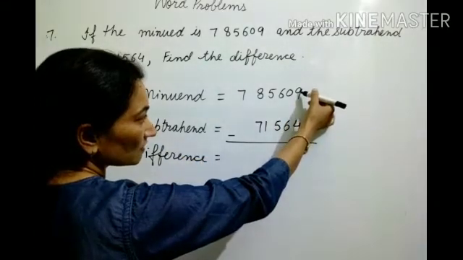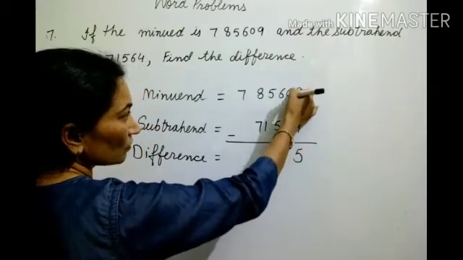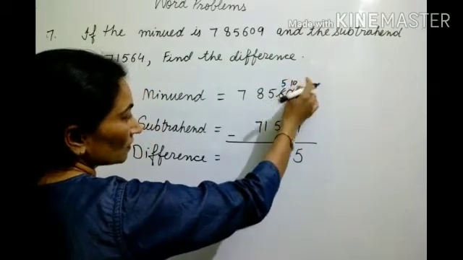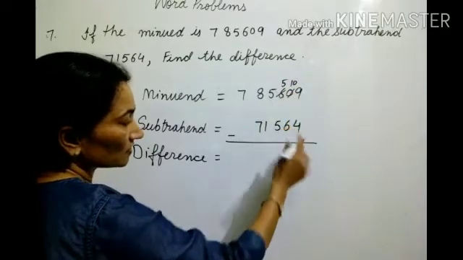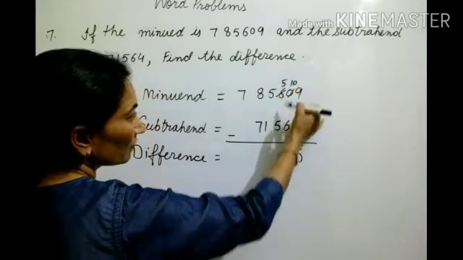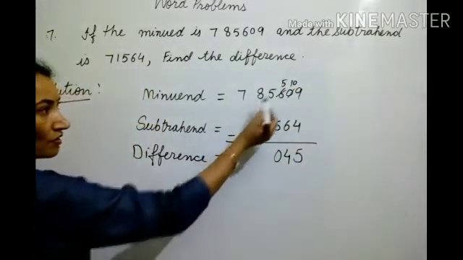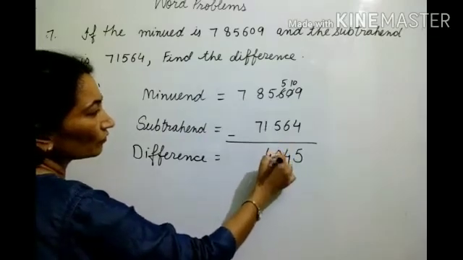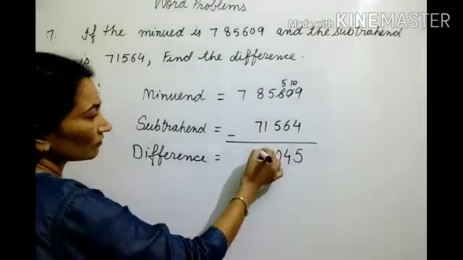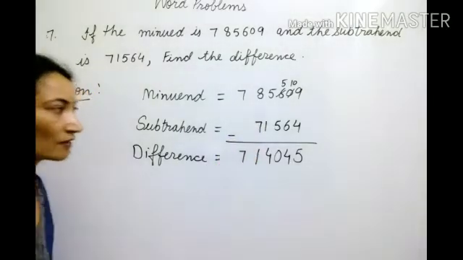Starting from ones place, 9 minus 5, 4. 0 minus 6 we cannot do, so we take borrow. 10 becomes 10 minus 6, 4. Now 5 minus 5, in next place there will be 0. 5 minus 1, 4. 8 minus 7, 1, and 7 remains same as nothing here in left place.